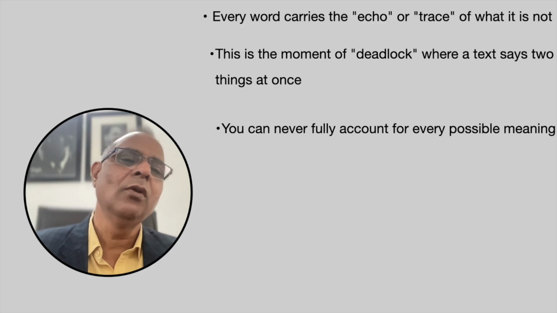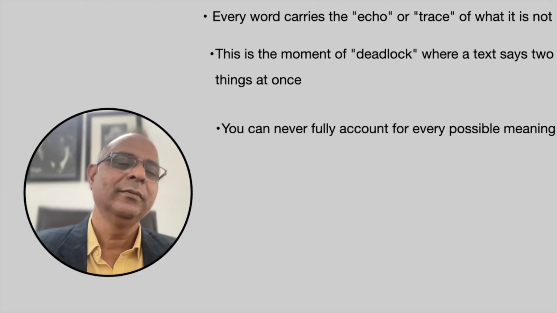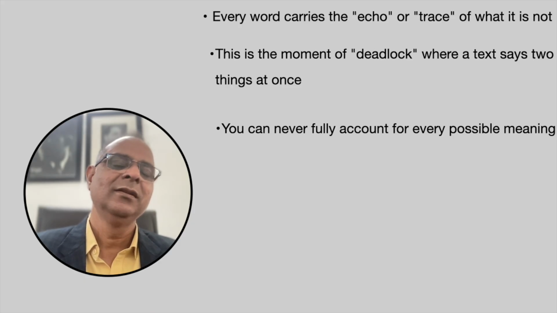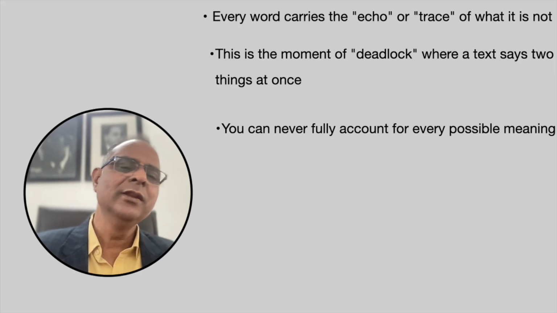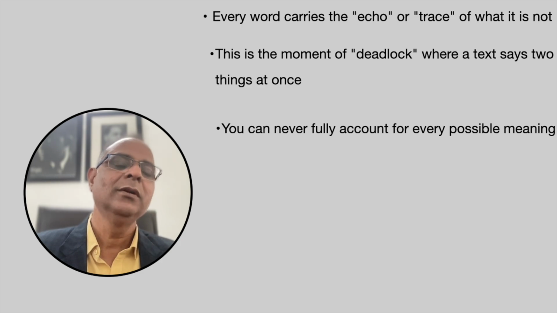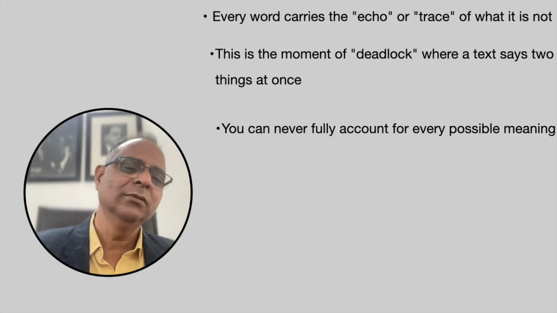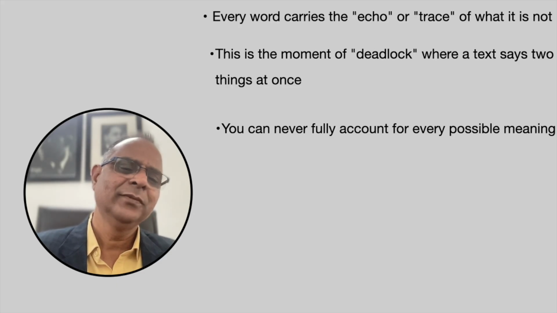You can never fully account for every possible meaning because language is a shifting web of traces and differences. You can never reach a final, 100% complete interpretation of a sentence. There is always another perspective, another context, or another linguistic connection that could change the meaning.